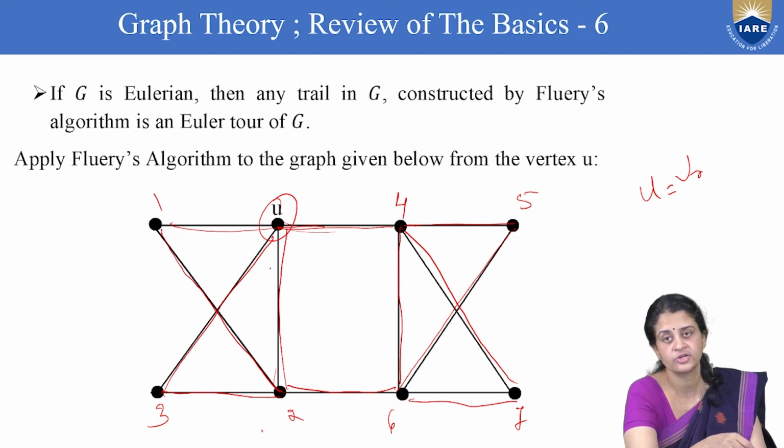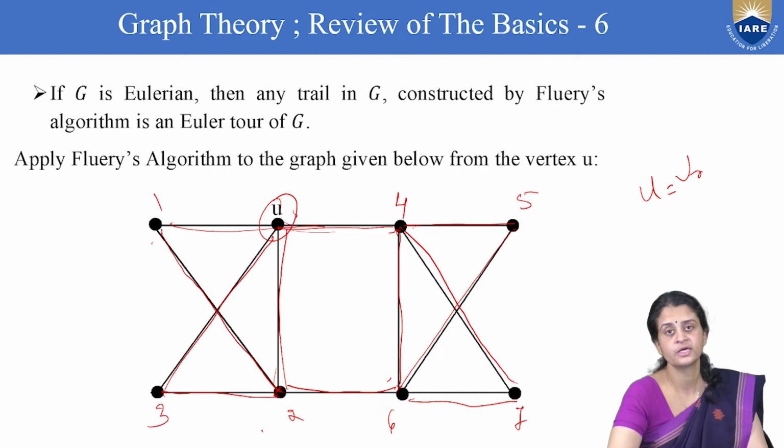Applying it from vertex U, you go to 1, then 2, 3, then again U, then 4, 5, 6, 7, 7 to 4, 4 to 6, 6 to 2, 2 to U. This gives a way of finding an Eulerian trail in a given Eulerian graph.